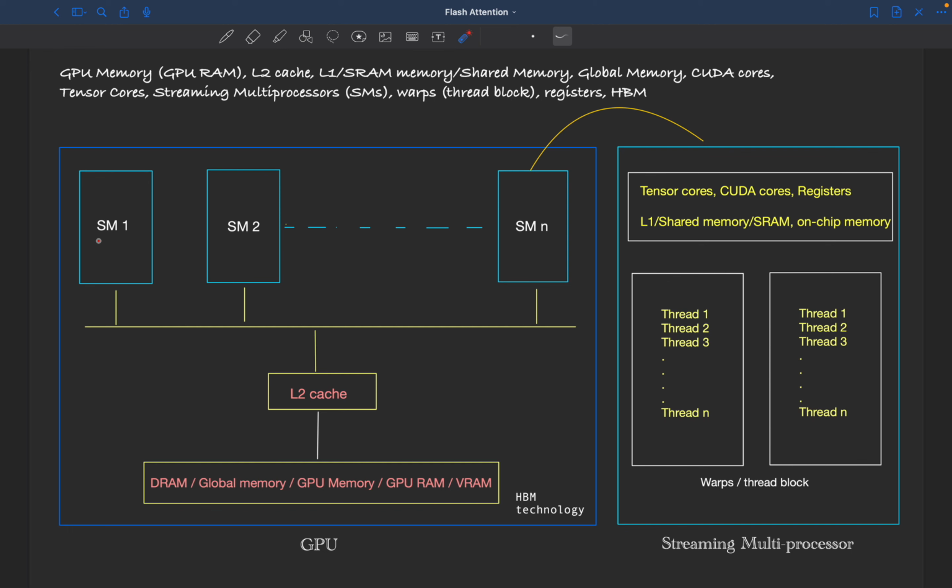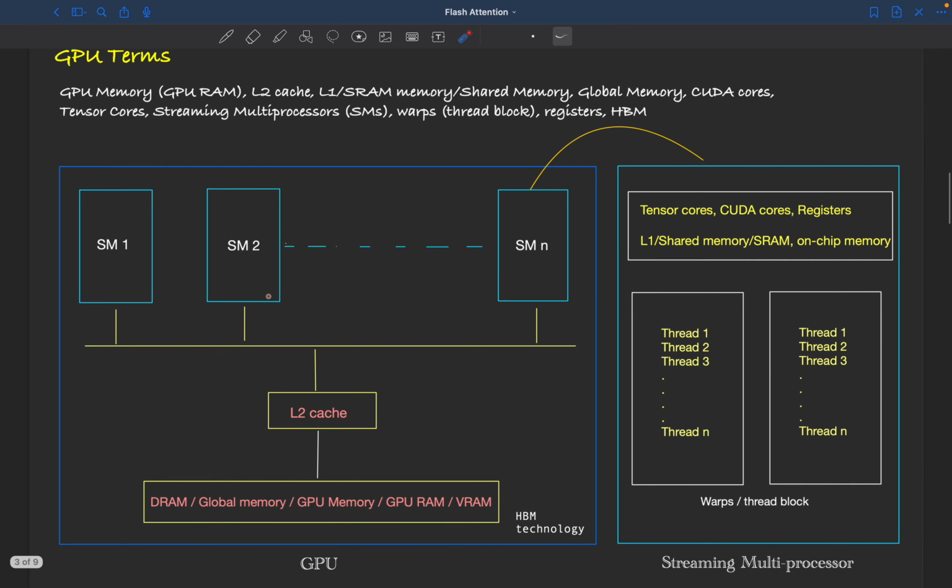And the combined processing power of all the streaming multiprocessors would be the processing power of the GPU. It is just as simple as that, right? For example, whenever we say 1 gigahertz, this is the processing power of a GPU. That means it has the capacity to run 10 raised to 9 cycles in 1 second.